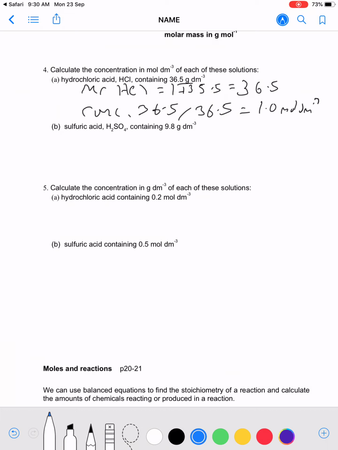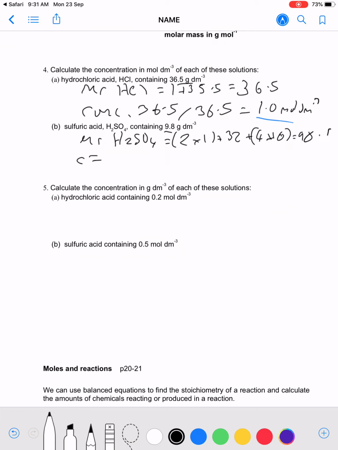So this is changing between grams per decimeter cubed and moles per decimeter cubed. That's quite a trivial example. Let's look at something a bit more involved. Not that much though. Looking at the numbers, I know those numbers off by heart. So the molecular mass of sulfuric acid is going to be 2 times 1 for the hydrogen, plus 32 for the sulfur, plus 4 times 16, which I make 98.1.